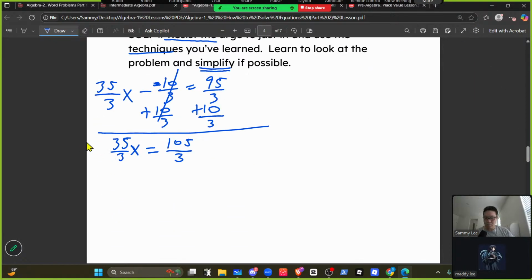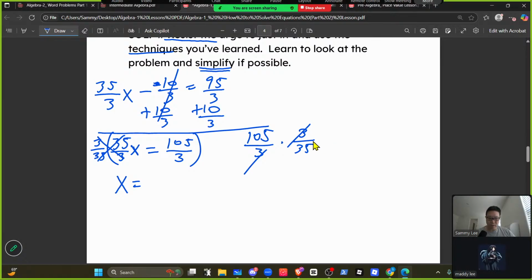Okay, so in this case, the 35 over 3 is multiplying x. The way I would get rid of that is to multiply both sides by the reciprocal of 35 over 3. What's the reciprocal of 35 over 3? 3 over 35. So I'm going to multiply both sides by the reciprocal. That's going to get rid of that, so we're just left with x on the left side. And on the right side, we have 105 over 3 times 3 over 35.